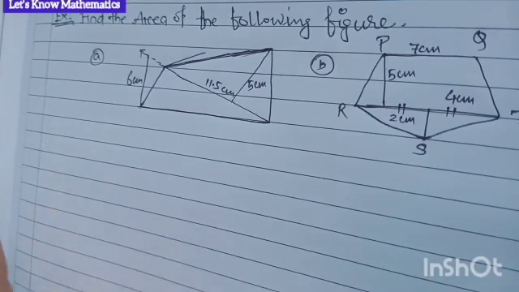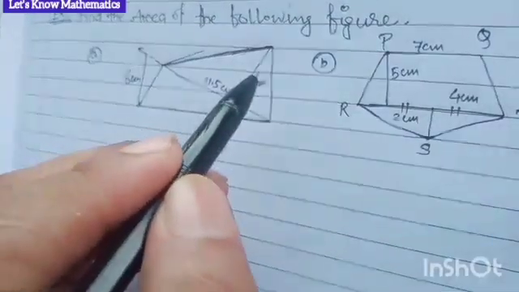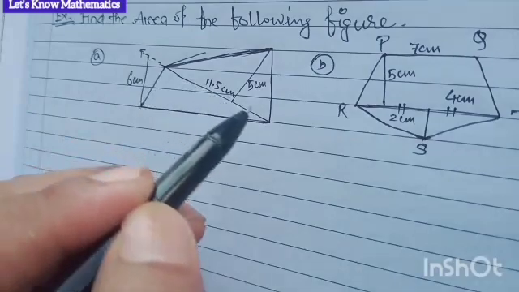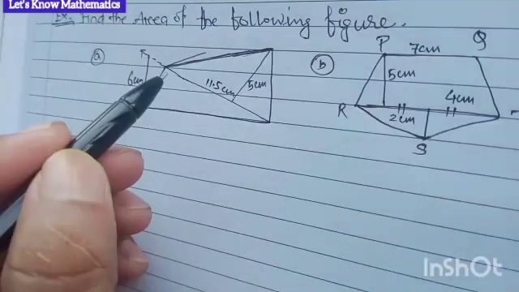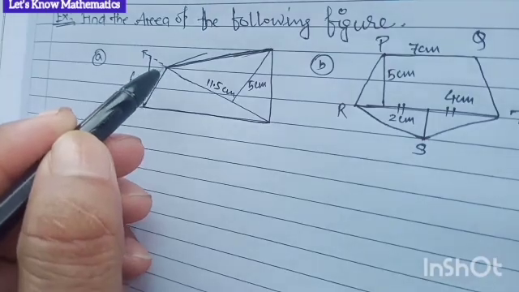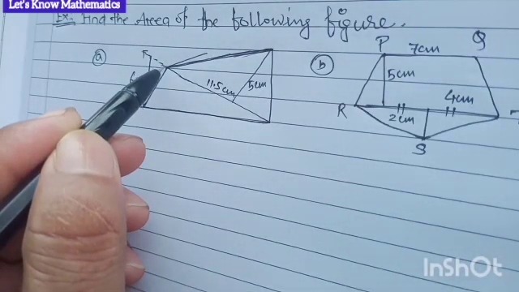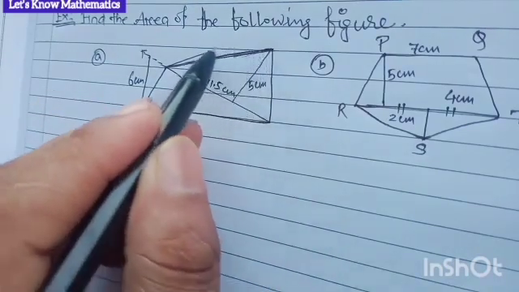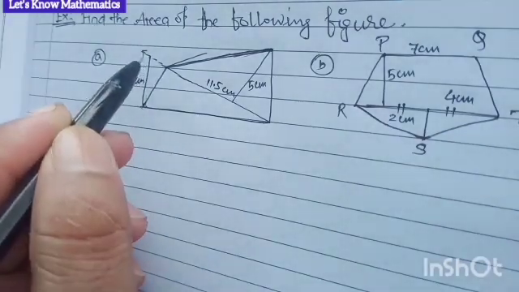By looking at this figure, we know this one is a height, this one is a height, and this one is the diagonal. If a height does not reach, you can extend the line to that level.